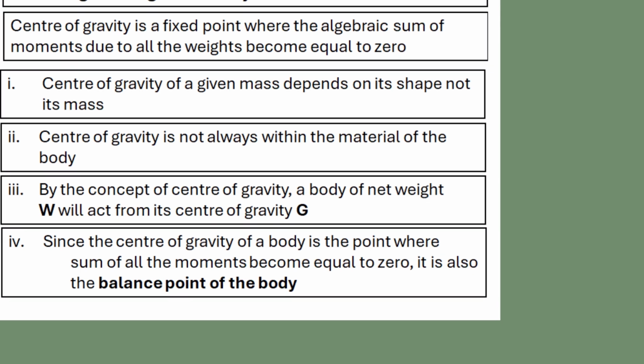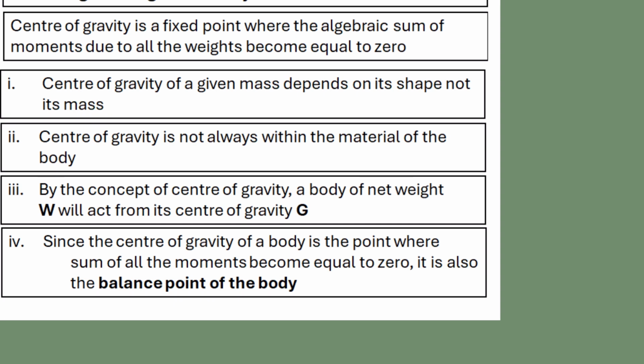So let us look at some important points related to center of gravity. Center of gravity is a fixed point about which the algebraic sum of all moments due to the weight becomes equal to 0. That's exactly what we discussed just now with our meter scale. Center of gravity will not change. However you place the object, the center of gravity will remain exactly there.